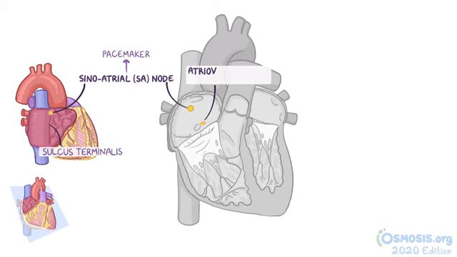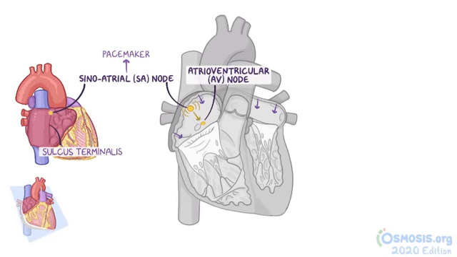Then, there's the atrioventricular, or AV node, which is a smaller bit of nodal tissue located in the posterior-inferior region of the intraatrial septum near the opening of the coronary sinus. The way it goes is that the SA node initiates an impulse that's conducted in the atria, making them contract.